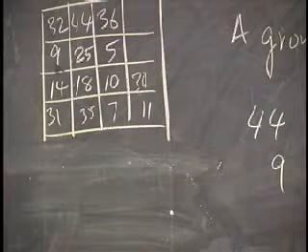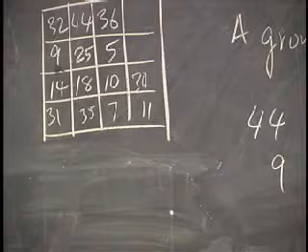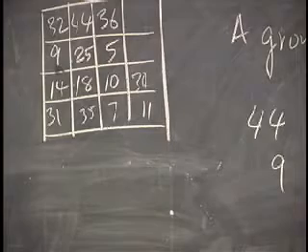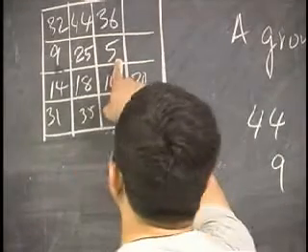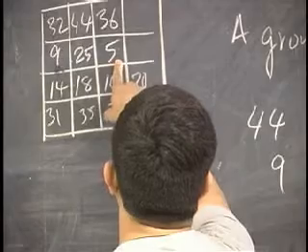In extensible hashing, 5 will map to 101, but in this 5 will map to only 1.